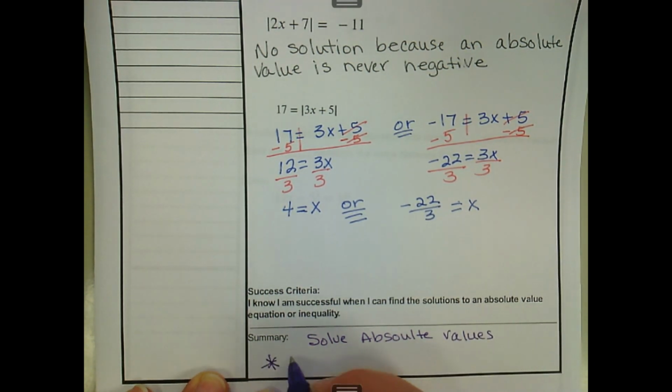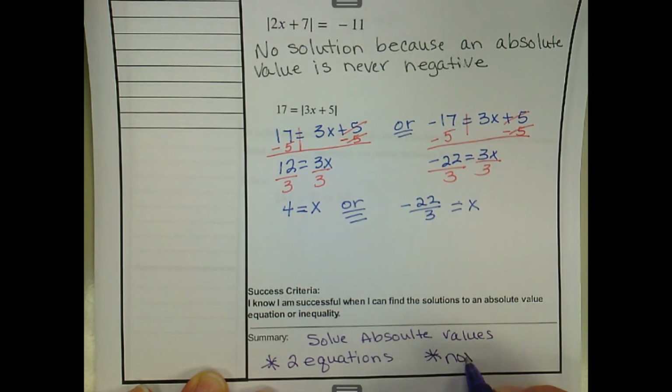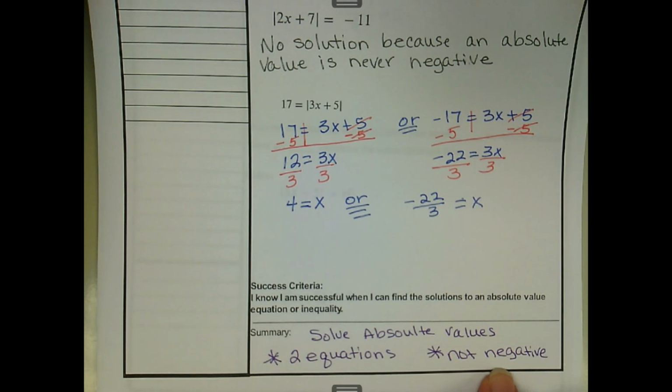Remember, two equations and not negative. You always check this after you have isolated the absolute value.